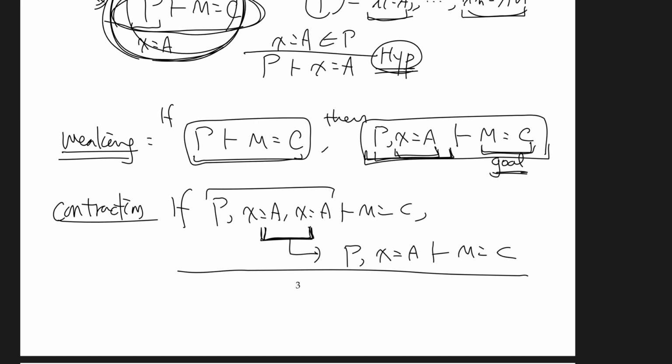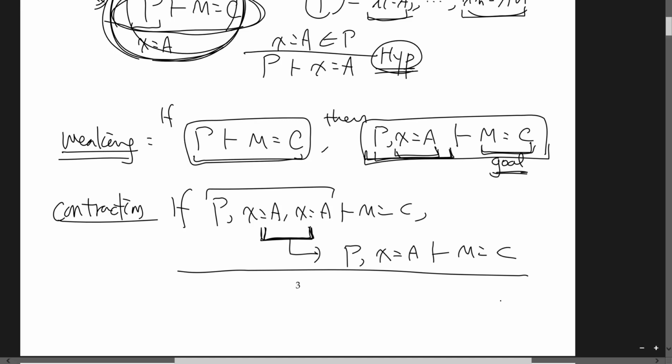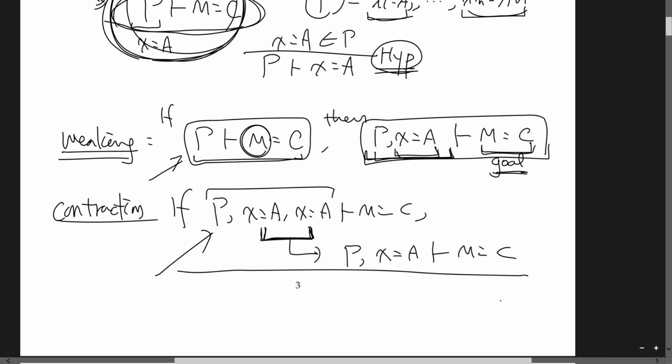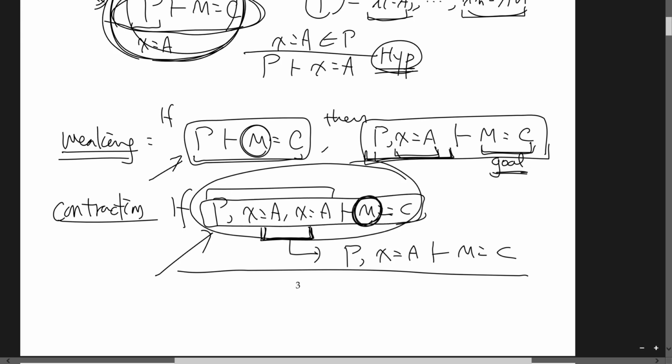You can apply rule induction on this judgment, or alternatively, you can actually perform structural induction on this proof term. And the reason why it works is this proof term M essentially represents the whole derivation tree in a compact way. So either you can apply rule induction on the whole judgment, or you can analyze the structure of this proof term M. In the end, you will find that the two approaches are equivalent.